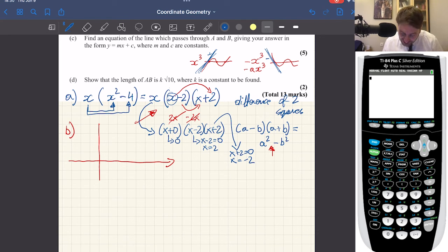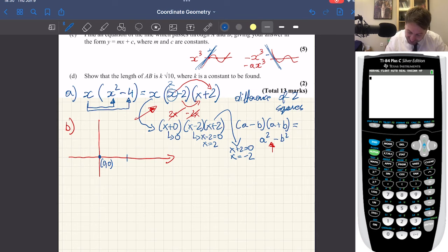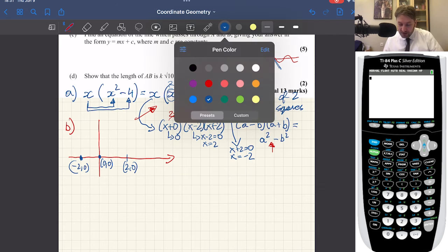If I replace this value with plus 2, then the whole bracket is 0, everything else is 0. And we have those because the coordinates here are 0, 0, right? We also have here 2, 0. That y coordinate is 0, and then we got minus 2, 0. Okay, so now we can sketch it.